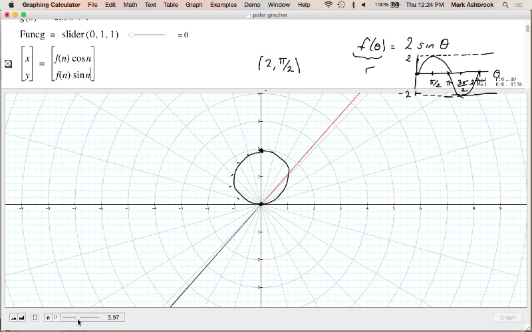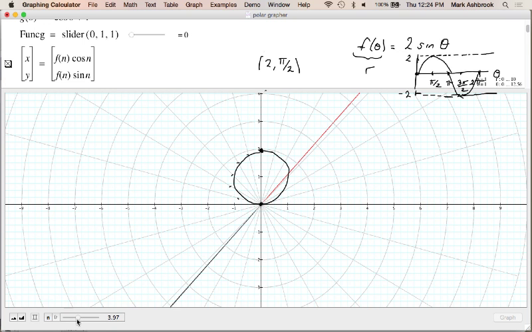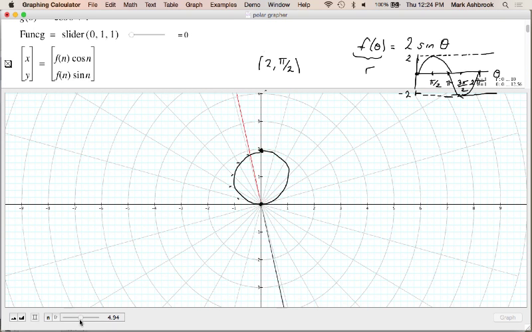First. We're going from pi to 3 pi over 2, but our r values are negative, so it's going to plot in the first quadrant, where the red is. It goes from 0 to negative 2.